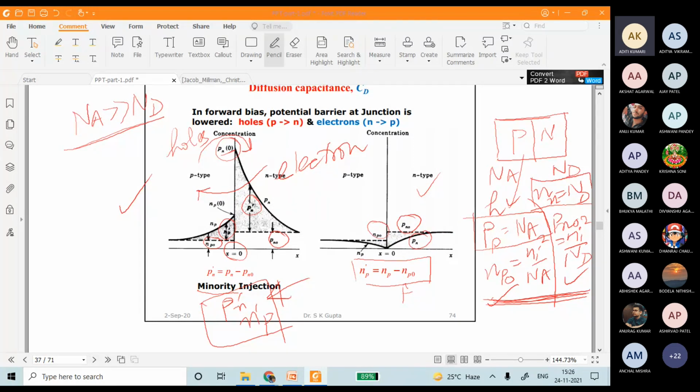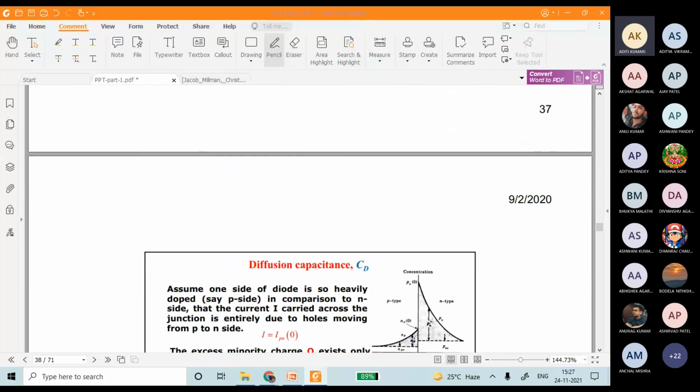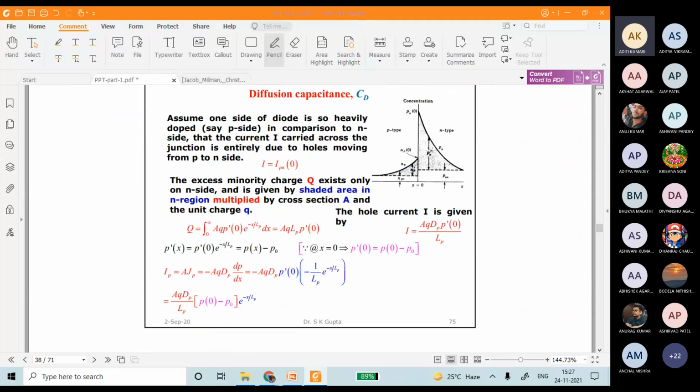But now after injection, we have a huge amount of these carriers at x equal to 0, and this drops exponentially. Using these, we can compute the diffusion current, which results in the diffusion capacitance ultimately.